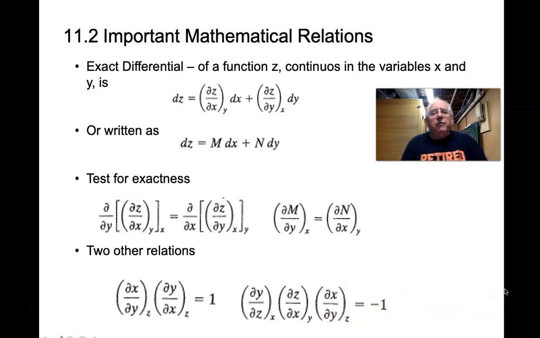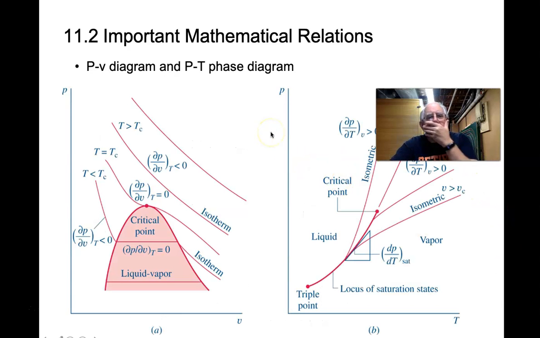And so if we have a function and we feel like that function is an exact differential, and that function can be written in terms of two independent properties, we then have this relationship among the various thermodynamic properties.